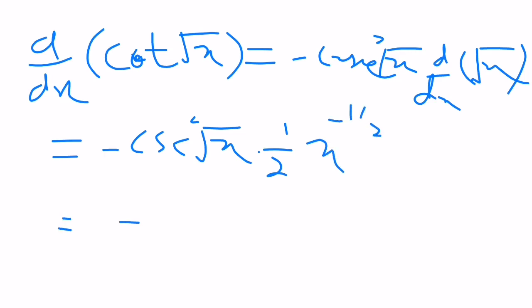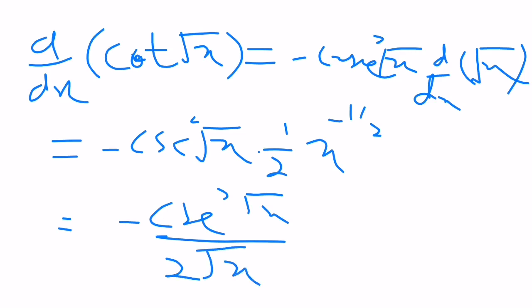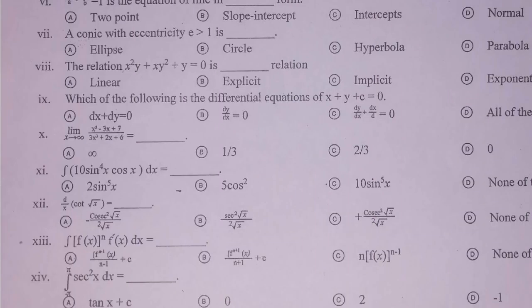Now this is equal to minus cosecant square root x divided by 2 square root x. So the correct option is A.